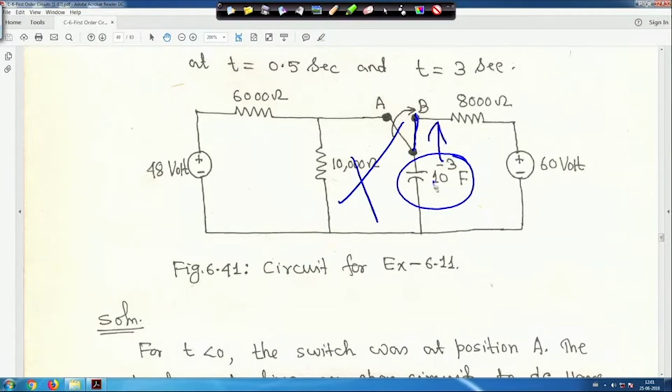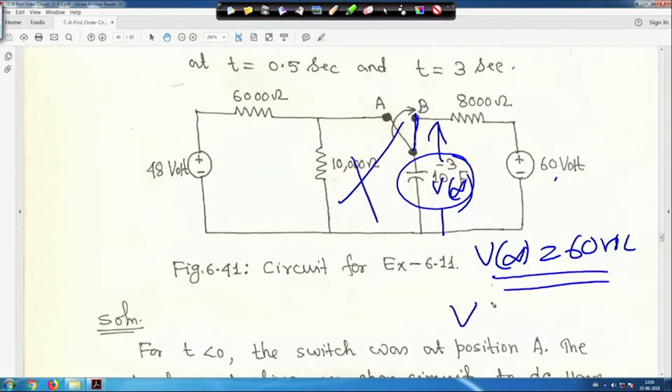At that time, the value is V infinity. As it is open circuit, the final value will be just 60 volt, because this 60 volt is applied across this. The initial voltage V0 we got is 30 volt, and tau we got is 8 second.